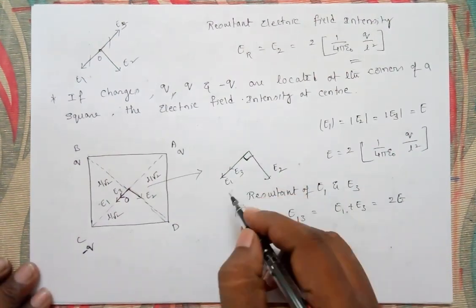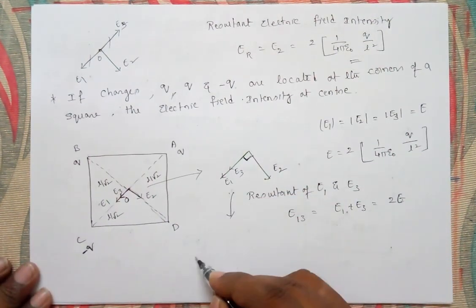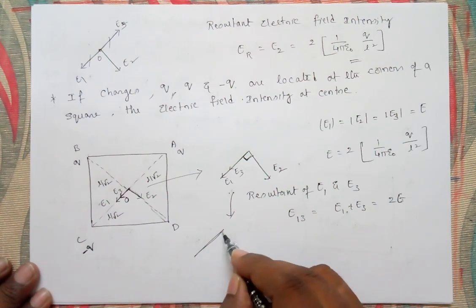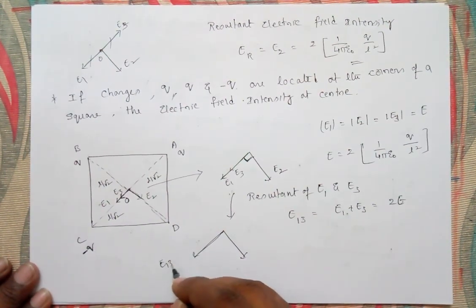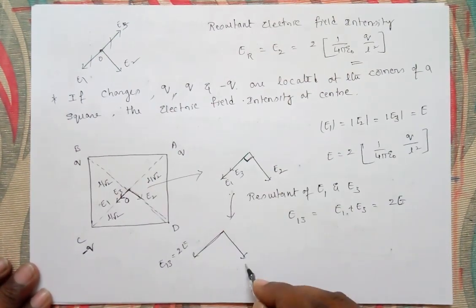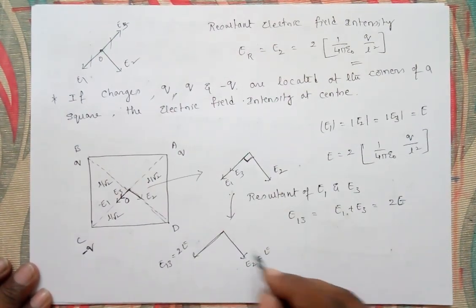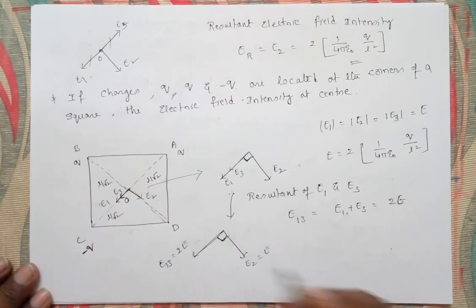Now you can understand: E13 is 2E, E2 is E, and the angle between them is 90 degrees.